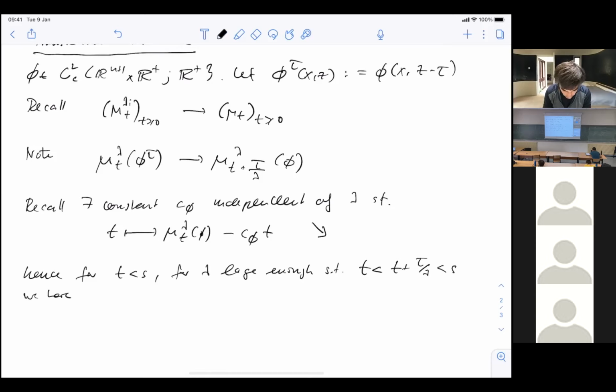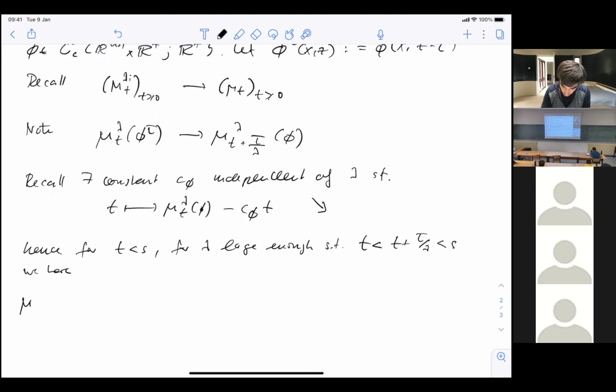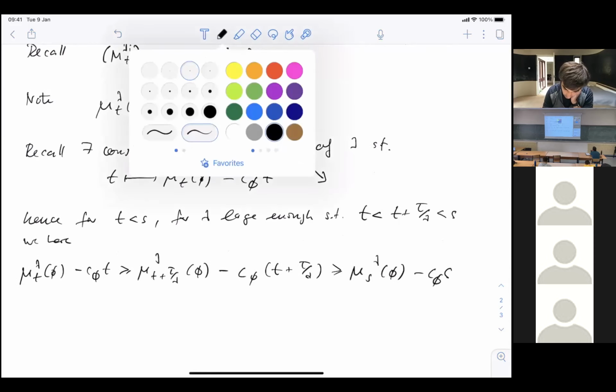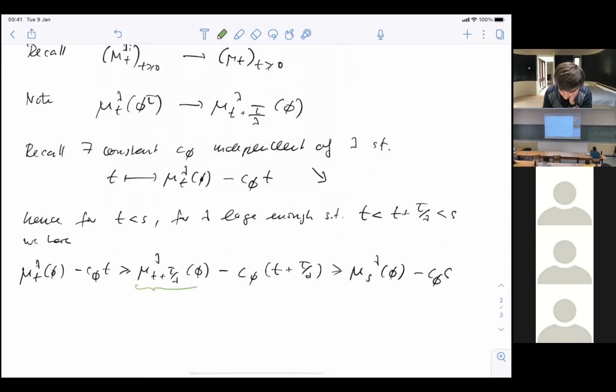Then we have the following monotonicity, just this monotonicity written out: mu lambda t of phi minus c phi t is greater or equal to mu lambda t plus tau over lambda of phi minus c phi times t plus tau over lambda, which is greater or equal to mu lambda s of phi minus c phi times s. Okay, but this term we can write, using this identity up there, as mu lambda t of phi tau.